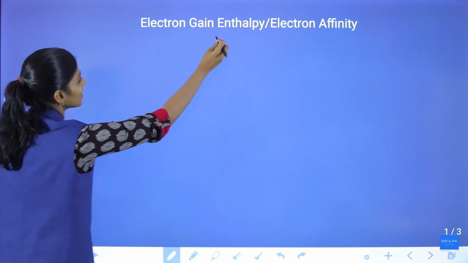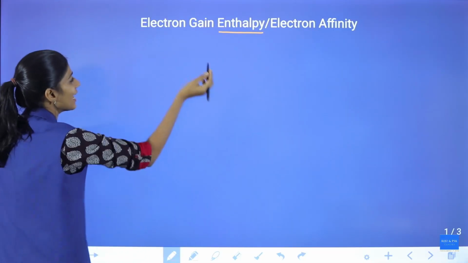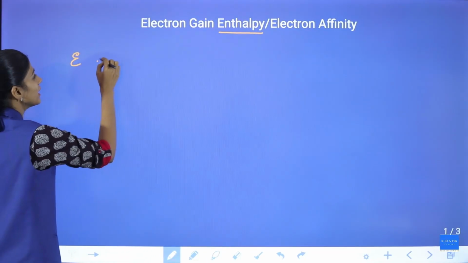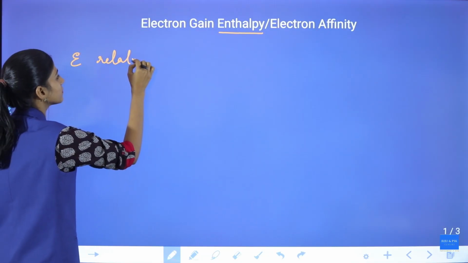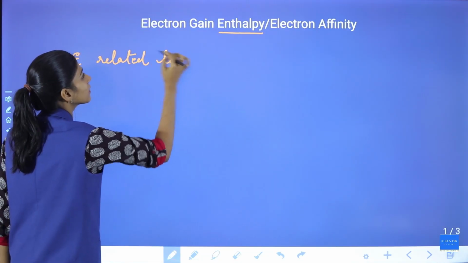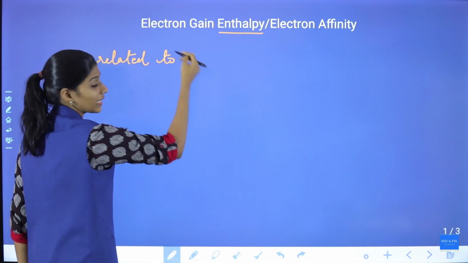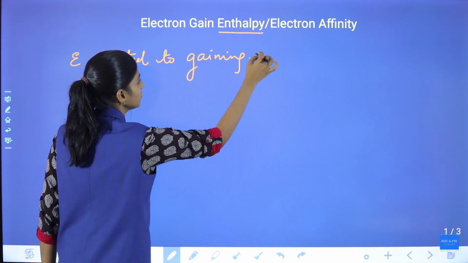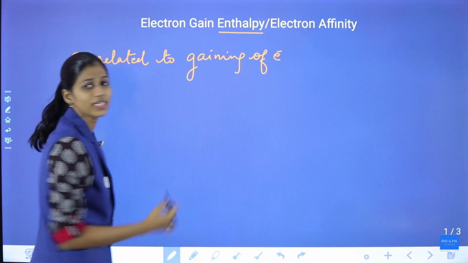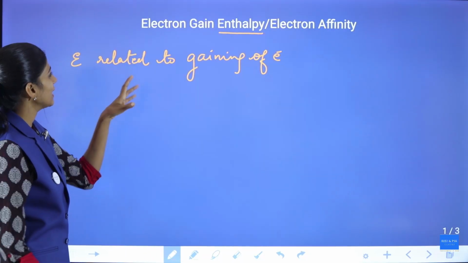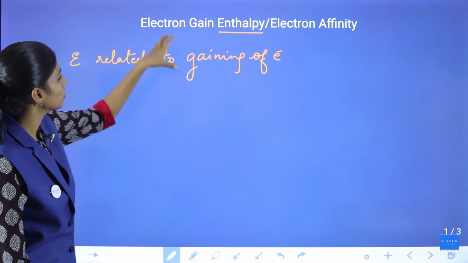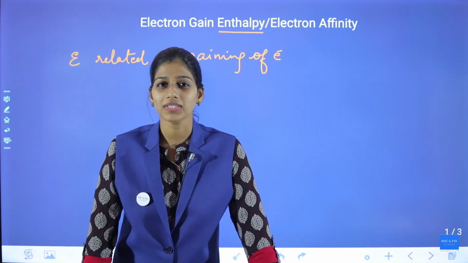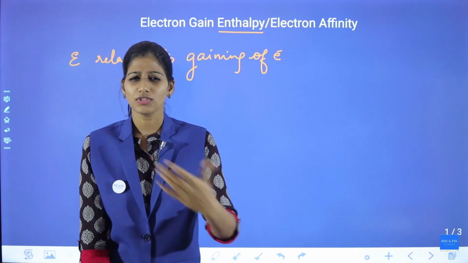So the energy related to gaining of an electron is termed as electron gain enthalpy.